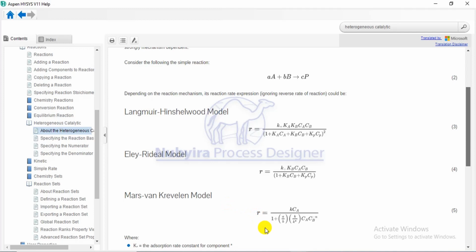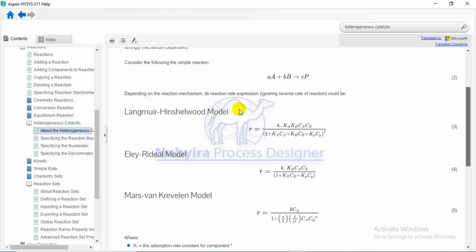Like I said, the Langmuir-Hinshelwood model is the most popular heterogeneous catalytic model in use at the moment. Now if you are using Aspen HYSYS to model heterogeneous catalysis, you would see heterogeneous catalytic while choosing your reaction model.